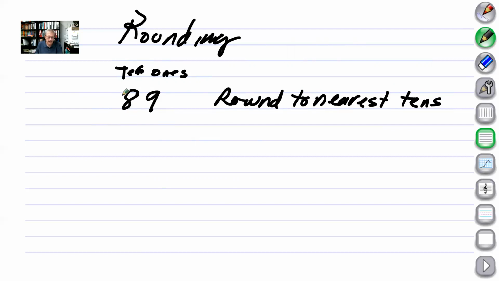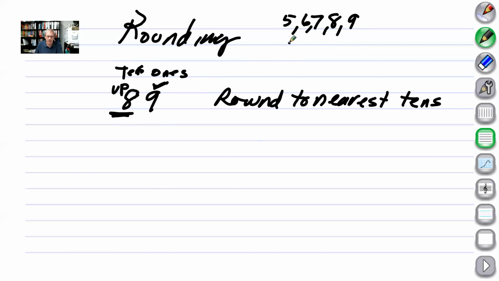They might say something like that. So if we want to round this to the nearest tens, what we're going to do is we look at the number right behind. This is the tens place. We look at the number in the ones place. If the number is a 5, a 6, a 7, an 8, a 9, a big number, then we round this up.